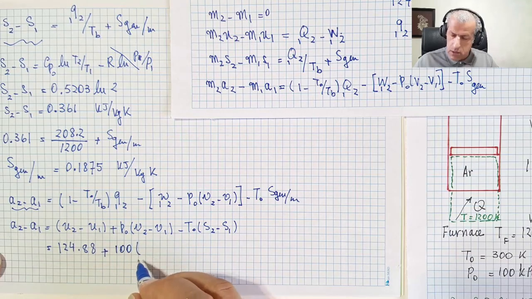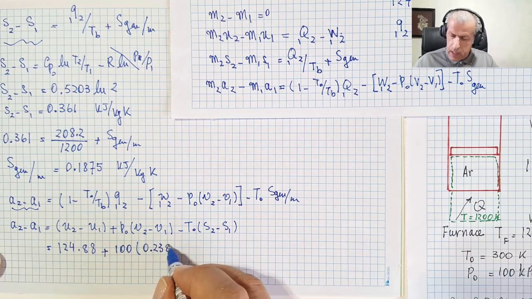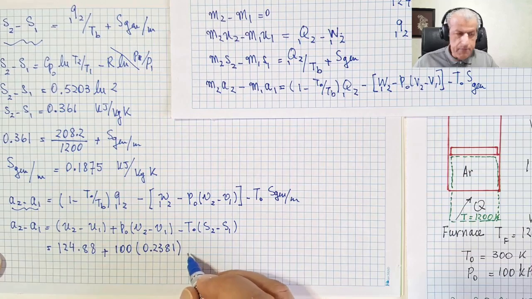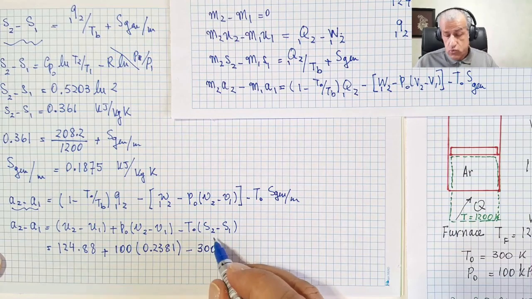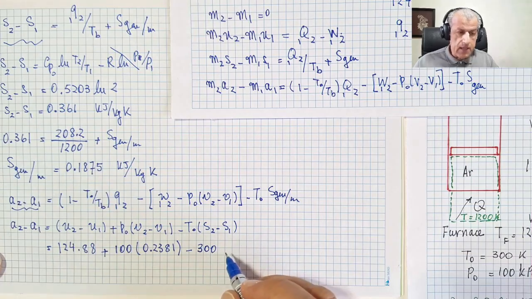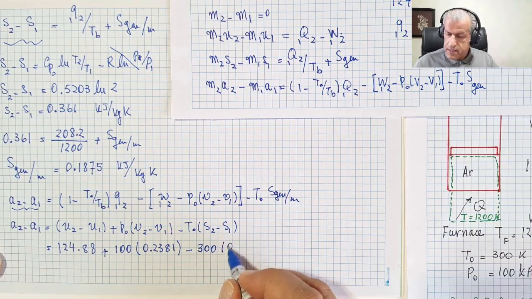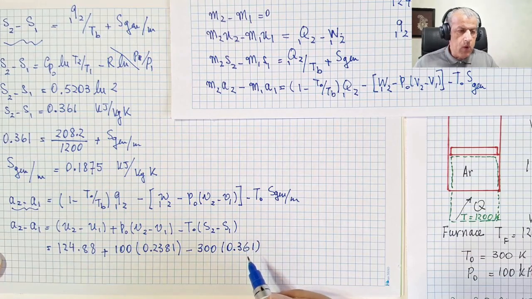We already know that is 0.2381 and minus T0, which is 300 Kelvin, times S2 minus S1, which we have already calculated to be 0.361.